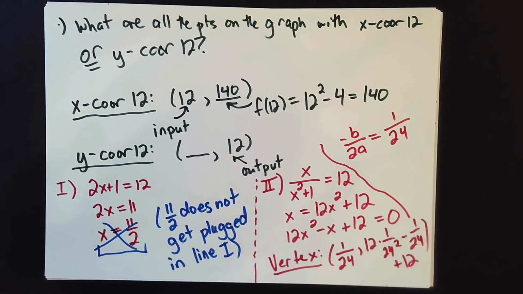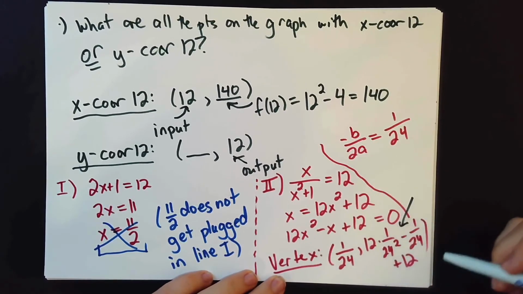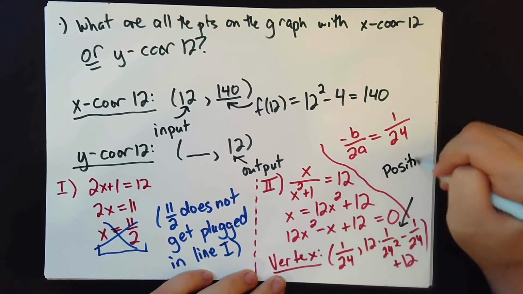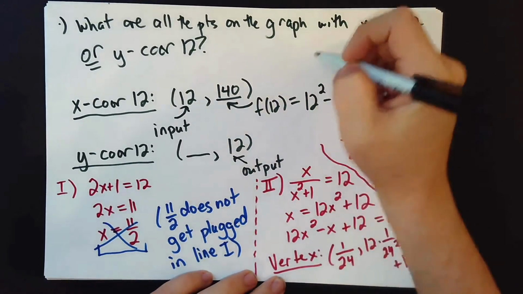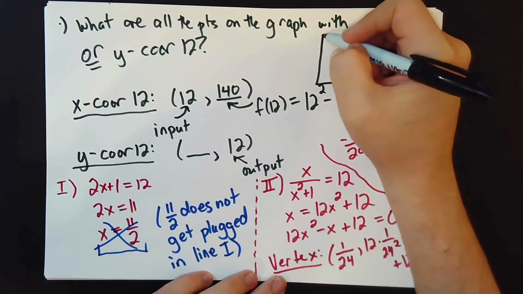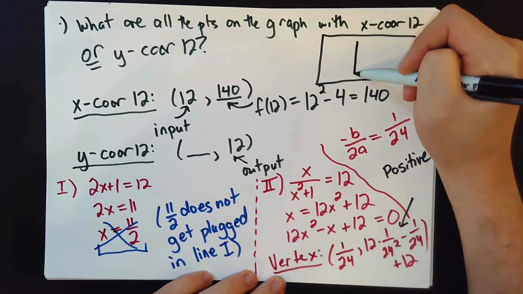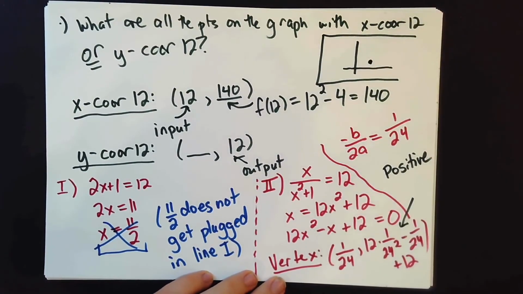Now, this looks like a horrible mess, but the only thing I actually care about is that this mess is positive. Which is to say that the vertex of this parabola, if I were to draw it, and I'll make a little space up here, lives in what we'd call the first quadrant. That is, the x and y coordinate are both positive.